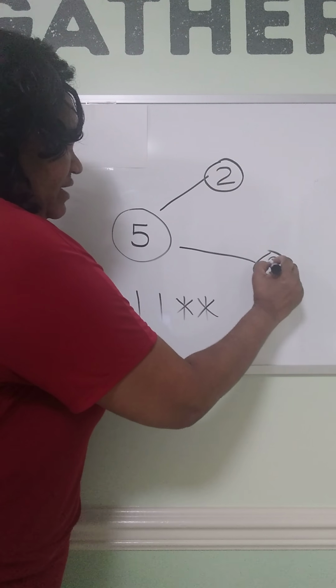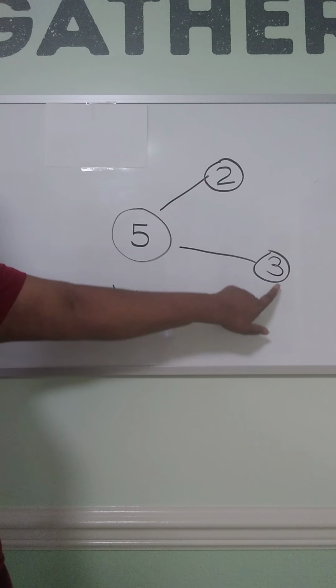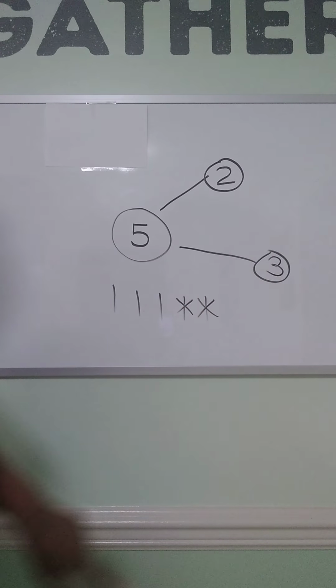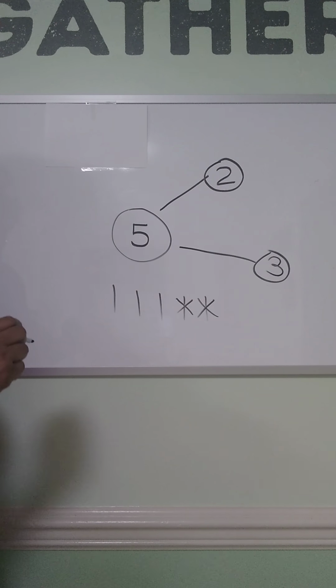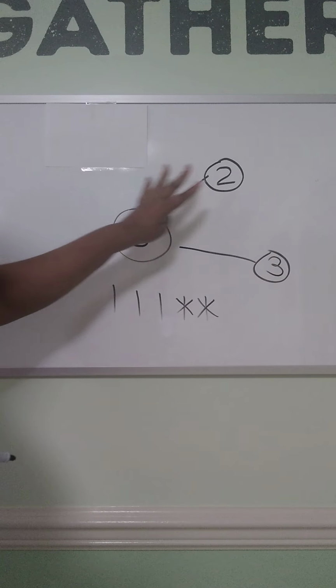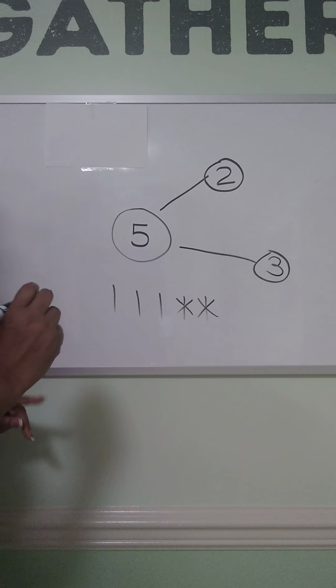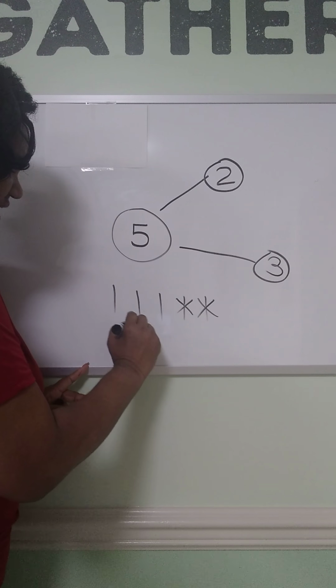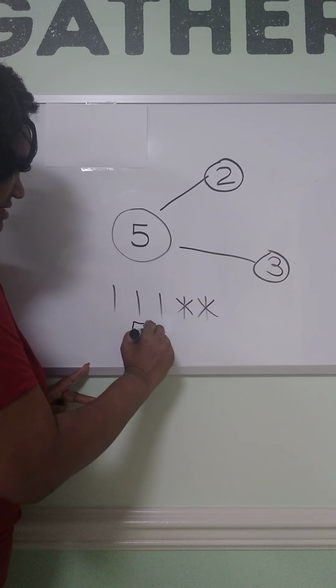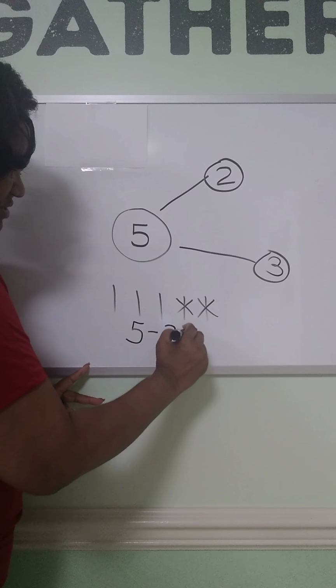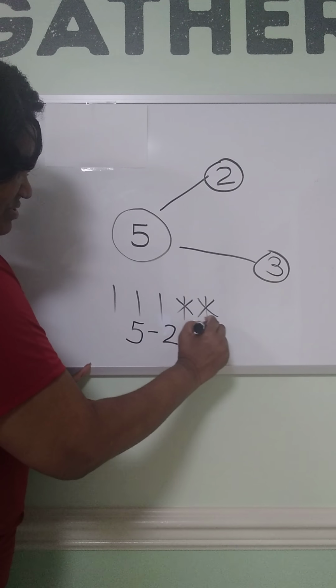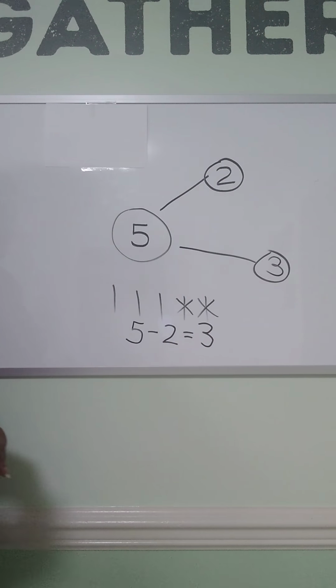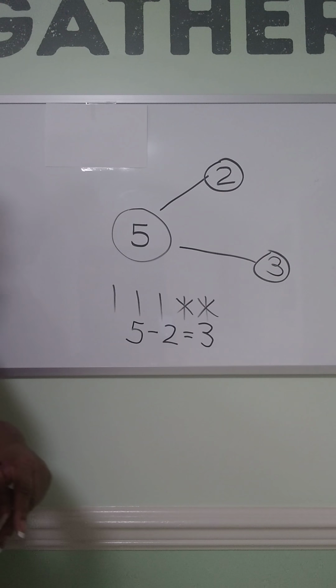So we're going to put 3 in the bottom circle. So this is how it's going to look. Our number bond is complete. So we have 5 take away 2 equals 3. That's what we have.